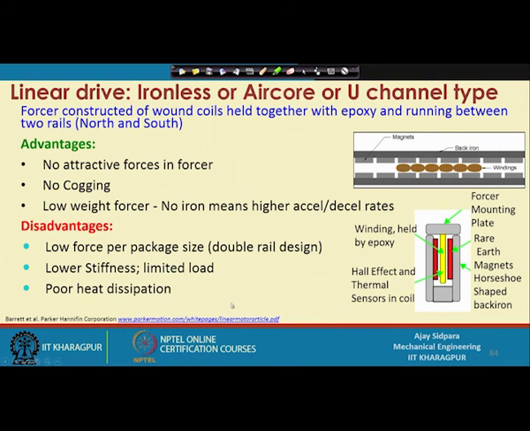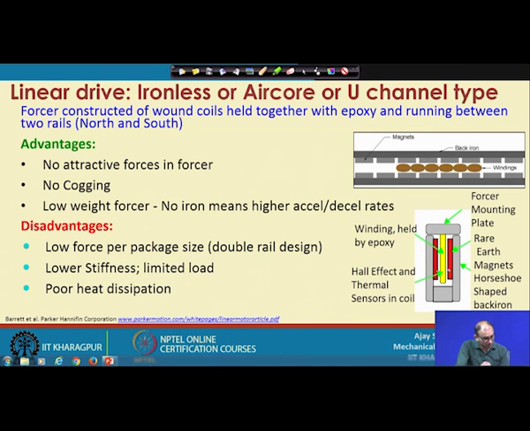Right. Poor heat dissipation, because in the earlier case we have seen that we had proper heat motion from one location to another location, but right now here the whole thing is very highly fixed within the system. So, movement of the air is very difficult here, and these are the motors which are located here. These are the magnets and this is the coil.